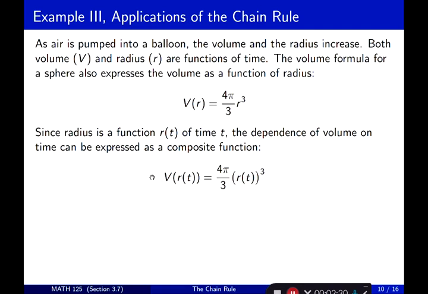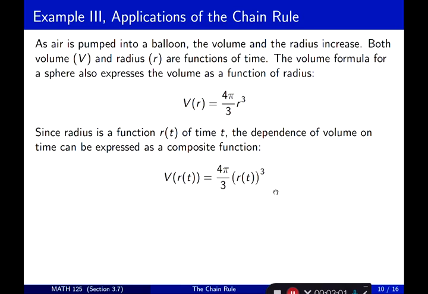Now, what you see on the left-hand side is a function of t, even though we don't know exactly how to solve it, but we know R is a function of t, so 4 pi over 3 R of t to the power 3 is also an expression of t.